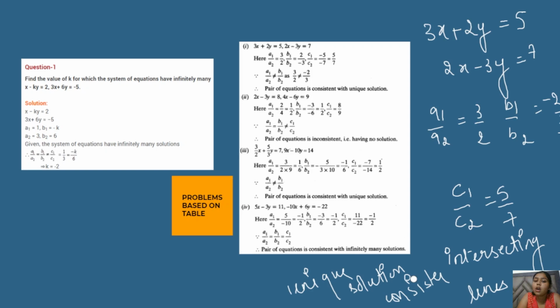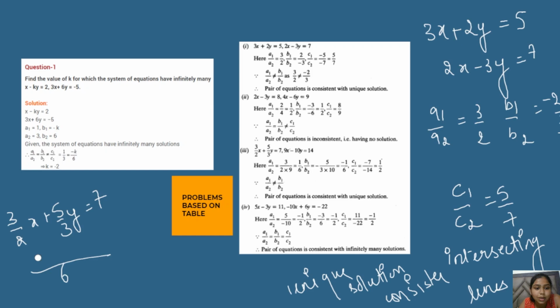Right, so let's have a look at other questions too. You can solve either of them, like this one: 3 by 2x plus 5 by 3y. This is in the form of fractions, but you don't have to worry. You can just take out the LCM, and after taking out the LCM, you can easily solve this question.